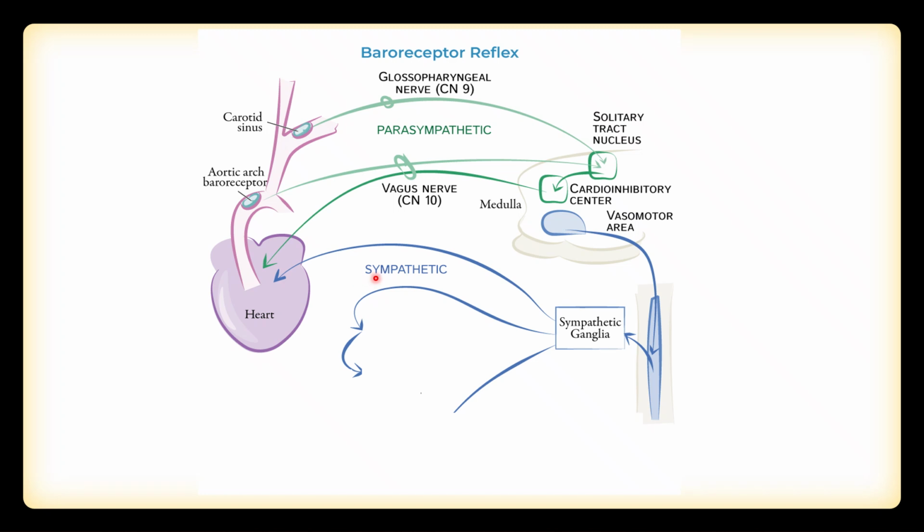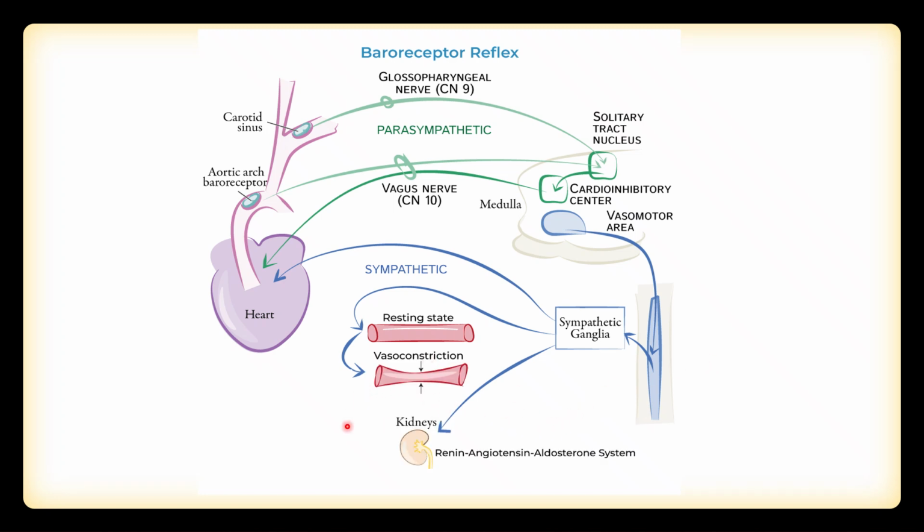Not only on the heart, the sympathetic system also acts on the blood vessels, which will cause vasoconstriction, and in the long term it also acts on the kidney to activate the renin-angiotensin-aldosterone system, which regulates the blood pressure. So this is the parasympathetic part of the baroreceptor reflex, and this is the sympathetic part.